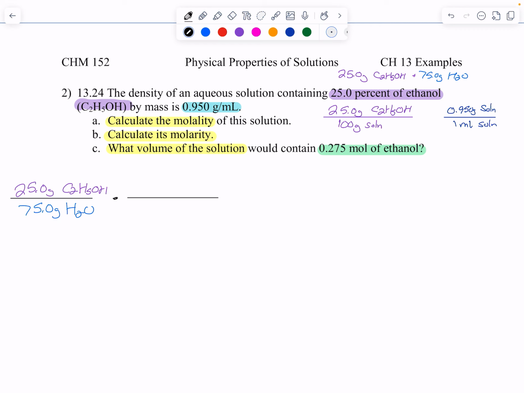And if we do this, we know carbon is 12.01, and you have 2 of those. So 12.01 times 2 plus you have 6 hydrogens, so 1.01 times 6, plus 16 for oxygen. And you get 46.08 grams of C2H5OH is 1 mole.